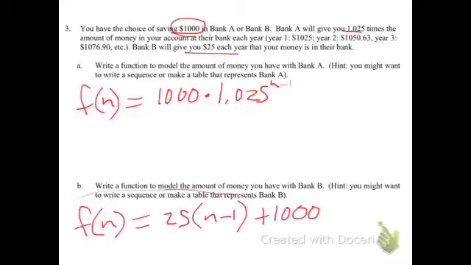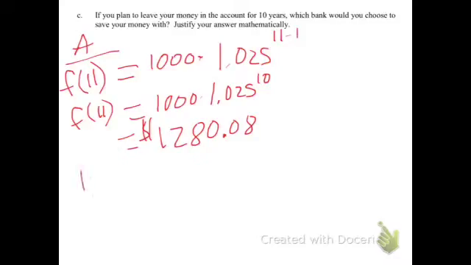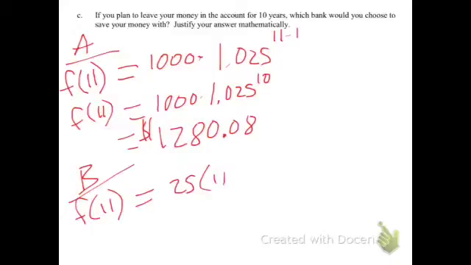Bank B, you have to take 11 and plug it in, because it'd be the 11th term of the sequence. And you have to do 25 times 11 minus 1 plus 1,000. 11 minus 1 is 10 again.